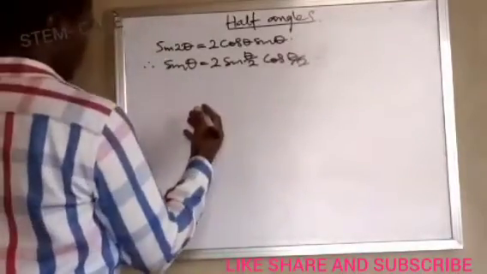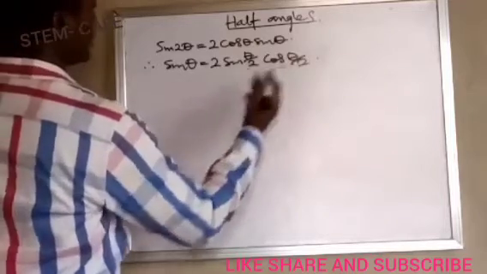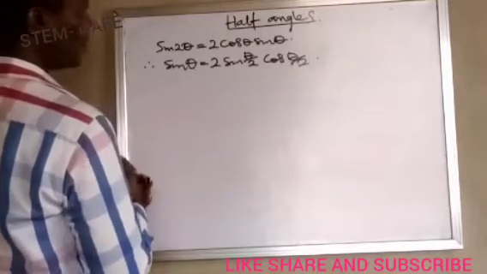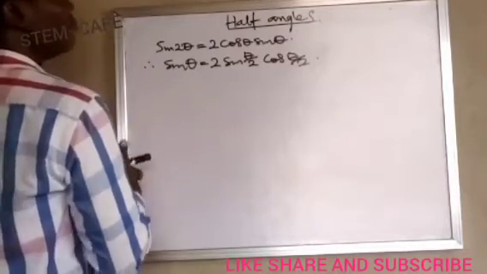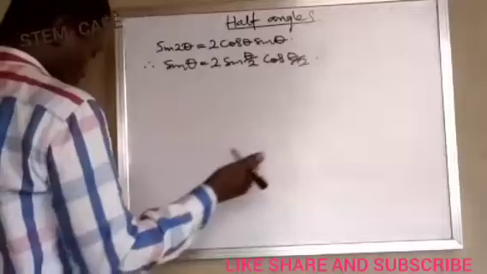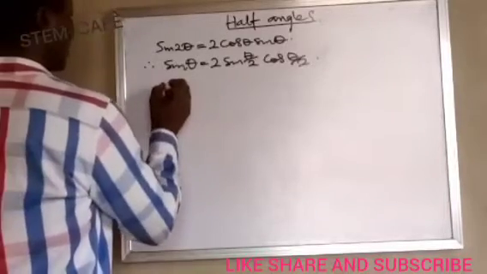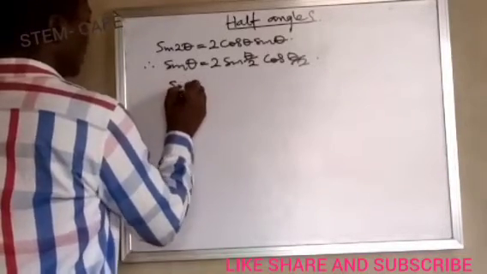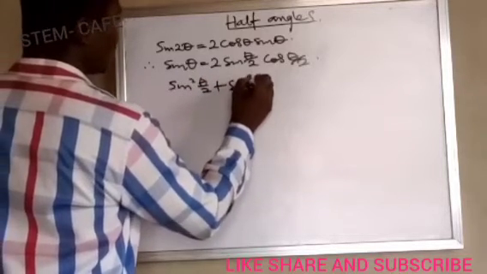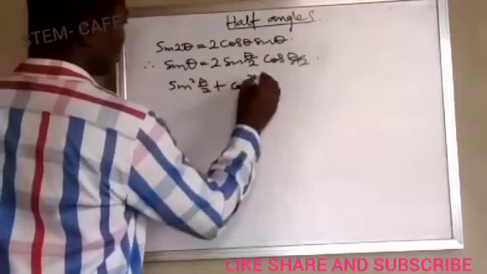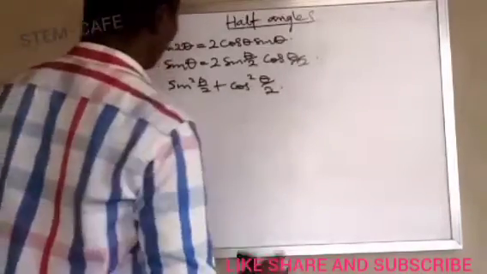Now let's divide through by 1, and we know that 1 is going to be sin square theta over 2 plus cos square theta over 2.